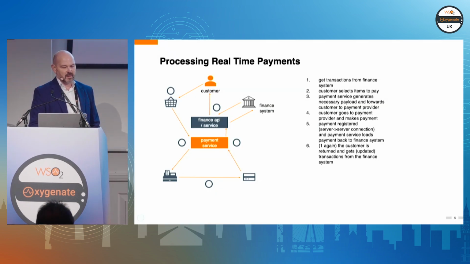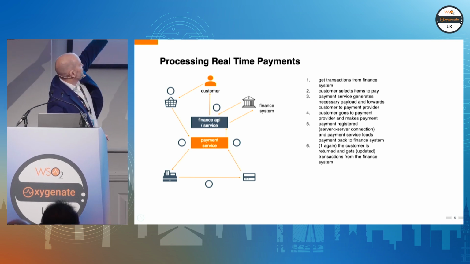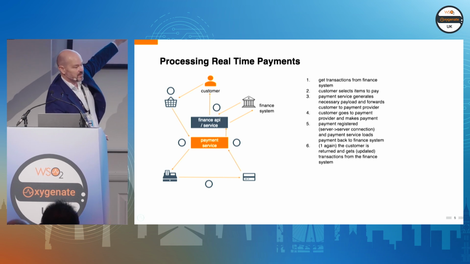If I look at processing real-time payments, nothing new here. I mean, you've all been through a shopping cart experience, but what I would really like to highlight on this slide is this separation: in the middle, we've got two services. We've got a finance API service and we've got a payment service.